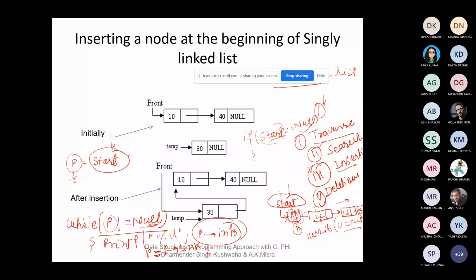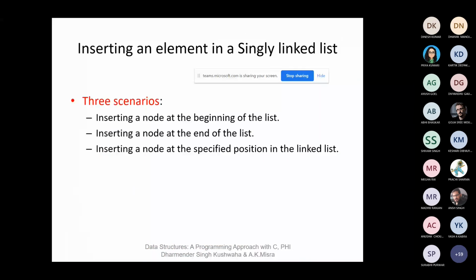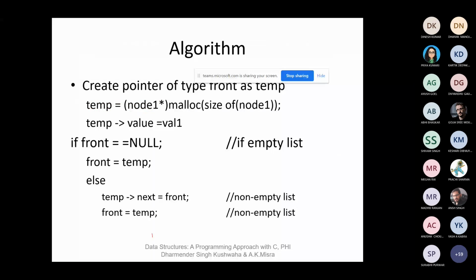If the list is not empty, then what will happen? So we can assign the value of start to another pointer, P. Then we start while P does not equal to null, then each node will be traversed in this manner. So the first operation is traversing the elements in a list.